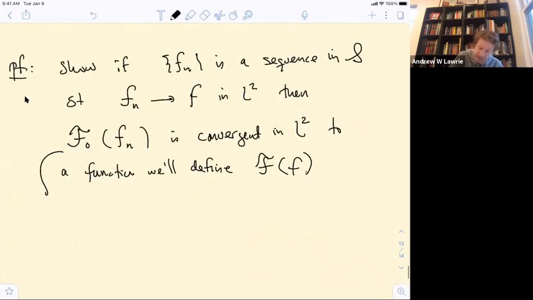And here f hat is just the Fourier transform.